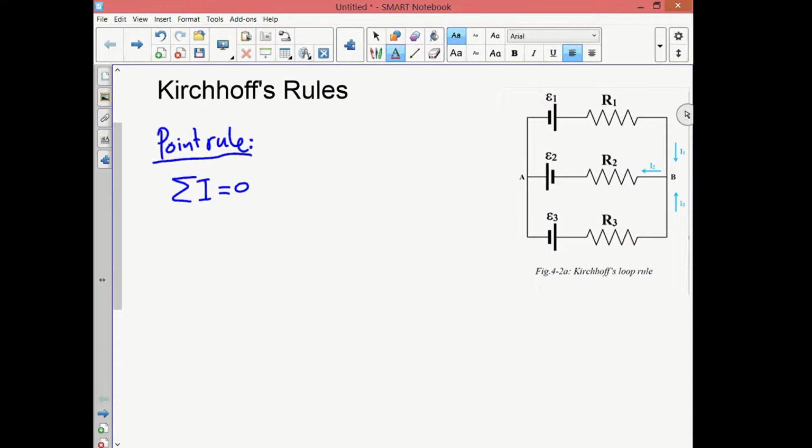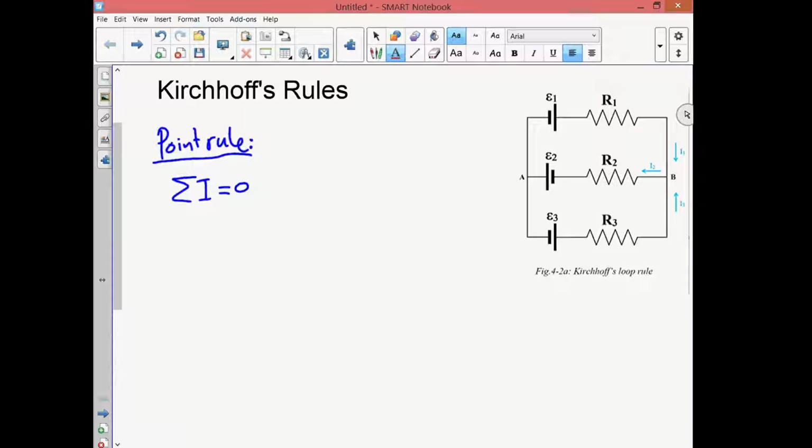Now let's take a look at the example that we have here and take a look at point B. Now we want to apply the point rule to point B. In this case, I1 enters point B, so it's going to be considered as a positive quantity.